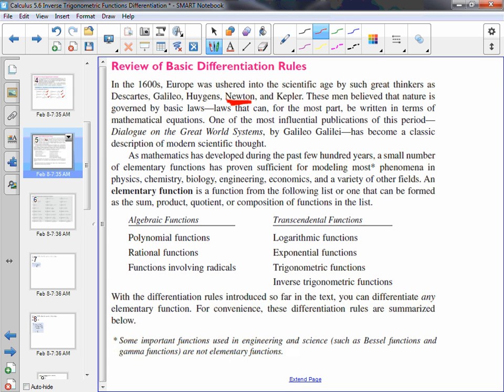So let's see how many we actually think we know. Algebraic functions, polynomial functions. Yeah, we're good, right? We can take their derivative, we can take their integral, we can do anything we want with those. Rational functions, a little tougher because now you've got a denominator, but the quotient rule helps us out. Making substitutions makes it easier to find integrals. We can do that.